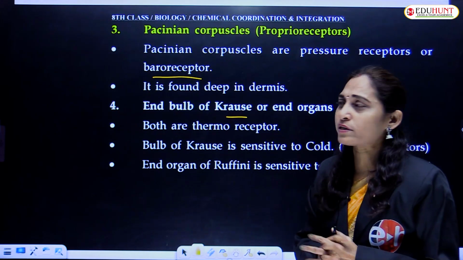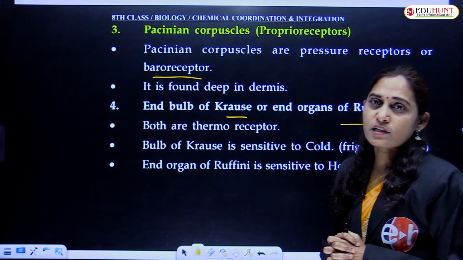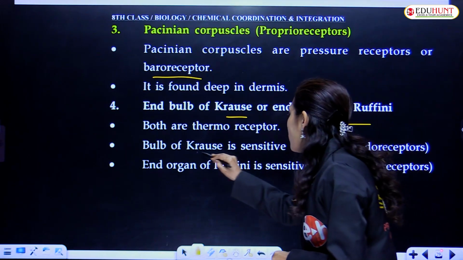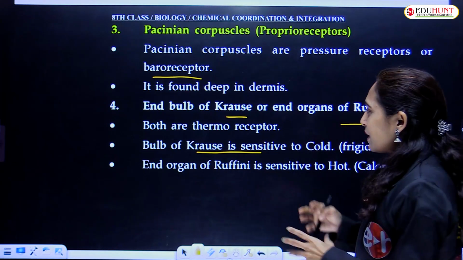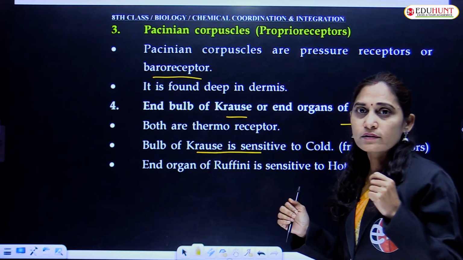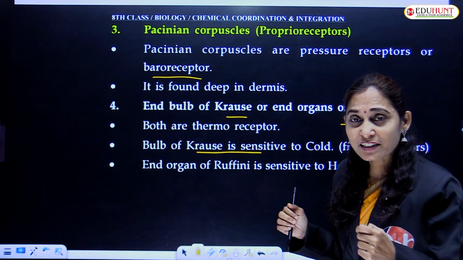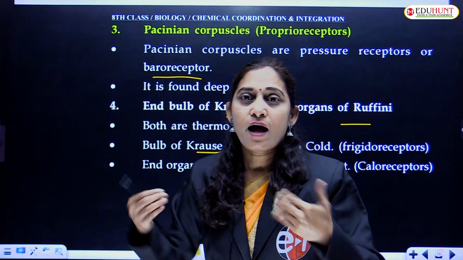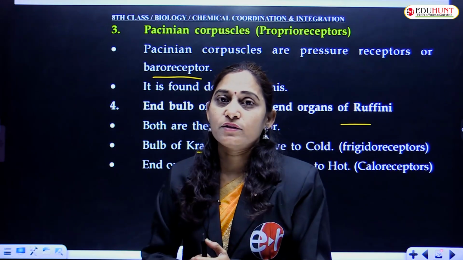Both are thermoreceptors. The next one is the thermoreceptor, and the bulb of Krause is sensitive to cold, that is low temperature, freezing temperatures. Our body feels high and low temperatures.